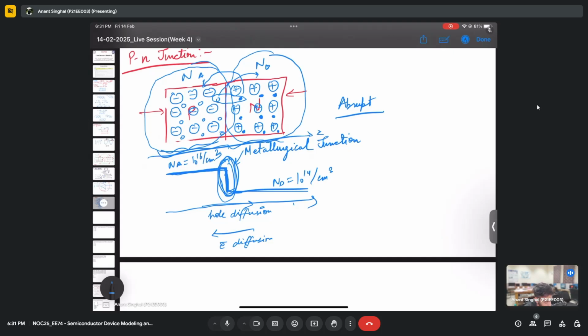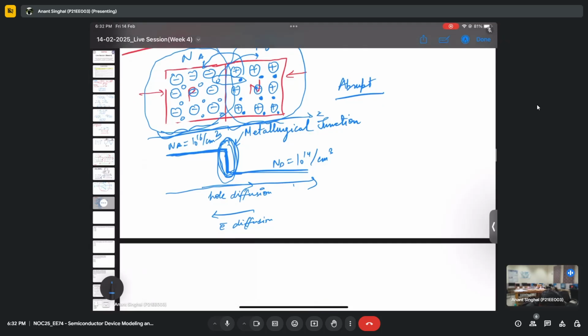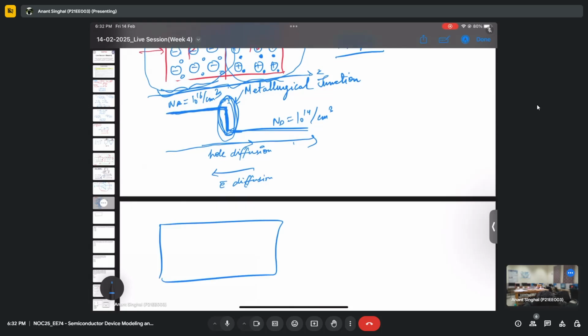Once the electrons diffuse from the n side to the p side, and the holes diffuse from the p side to the n side, there is some recombination, and what we are left with at the junction is, let me make it again, otherwise it will be some confusion. So this is the p side.